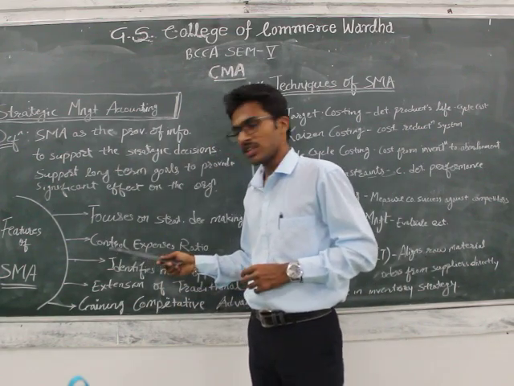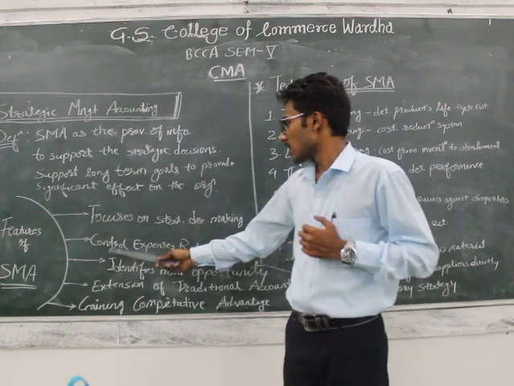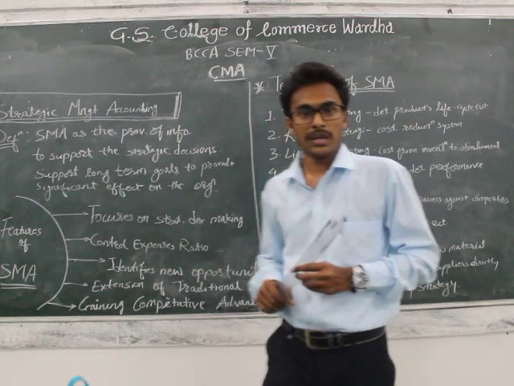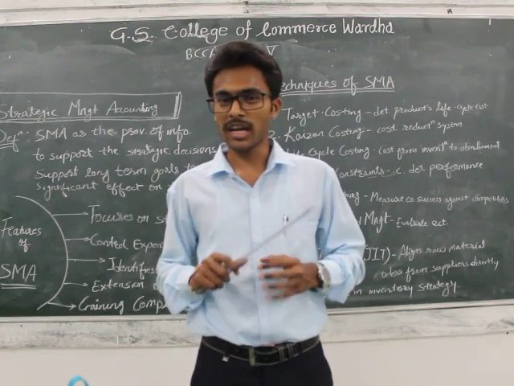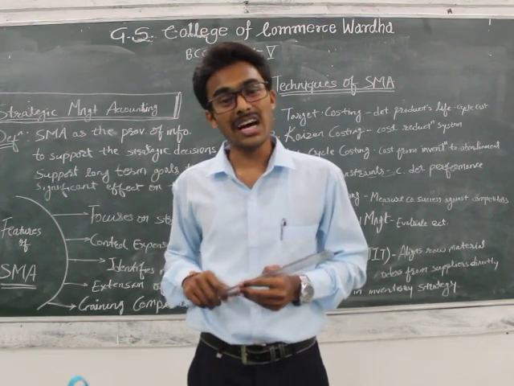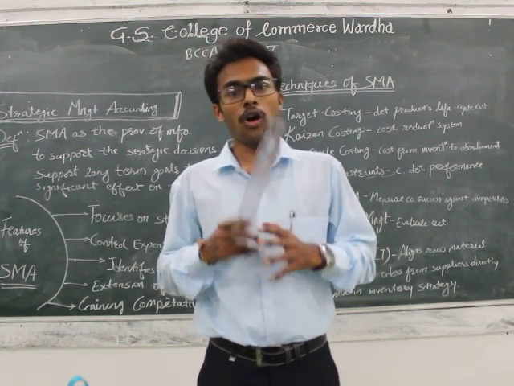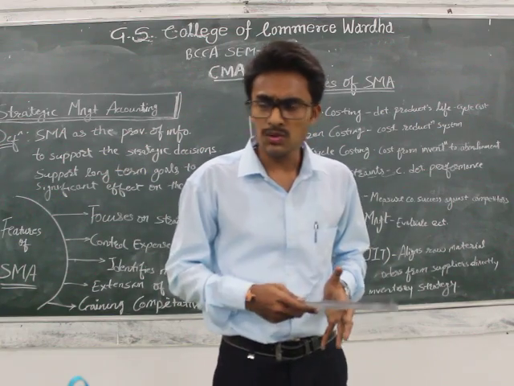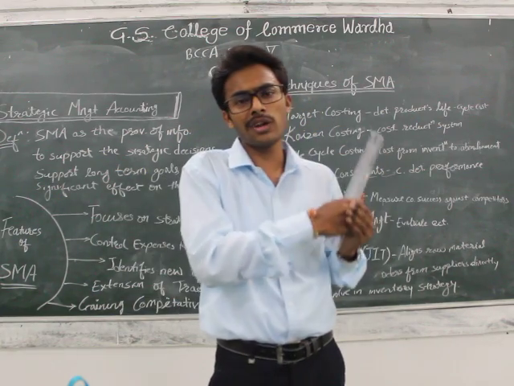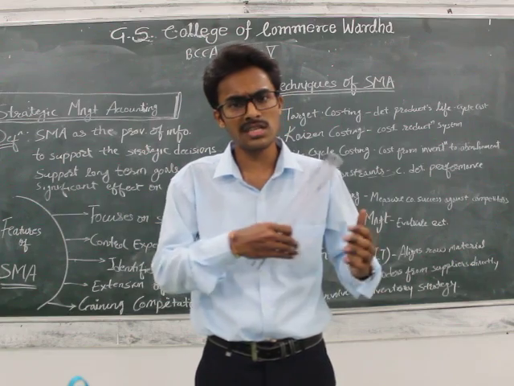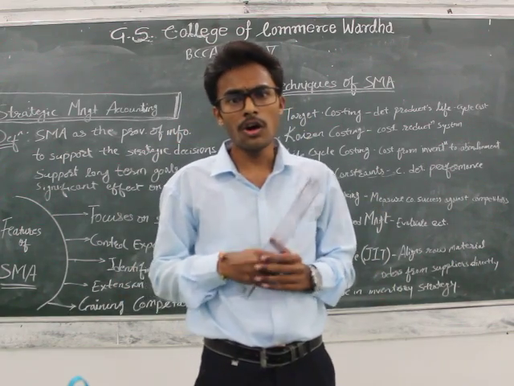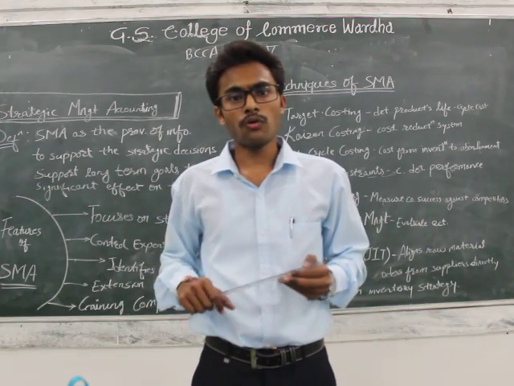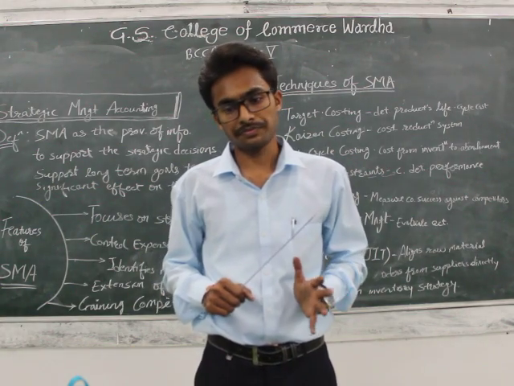The second feature of SMA is control of expenses ratio. SMA tools will provide you ratios and percentages which will help you analyze what the expenses are, what the income is, what the difference between expenses and income is, and whether there is any gain or a lump sum loss.